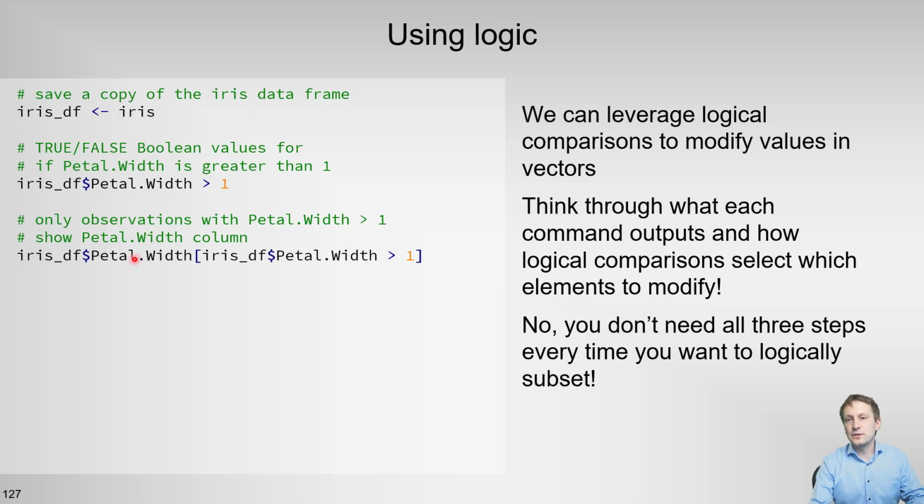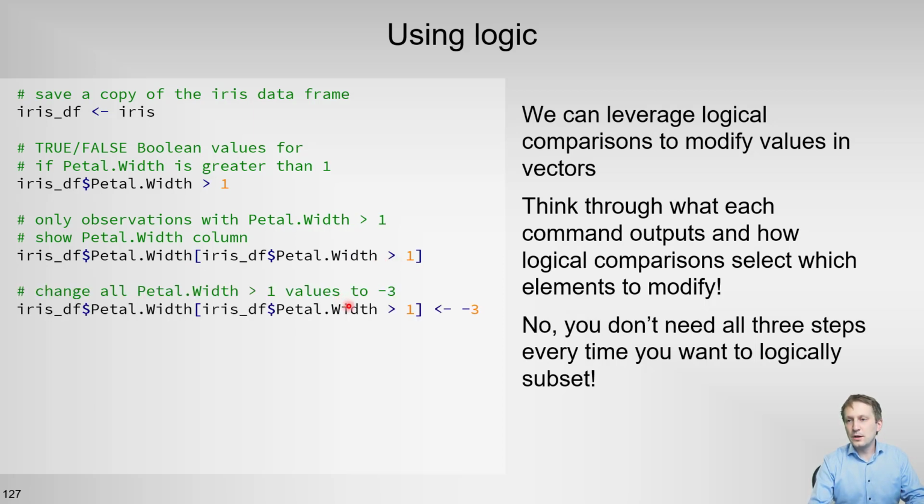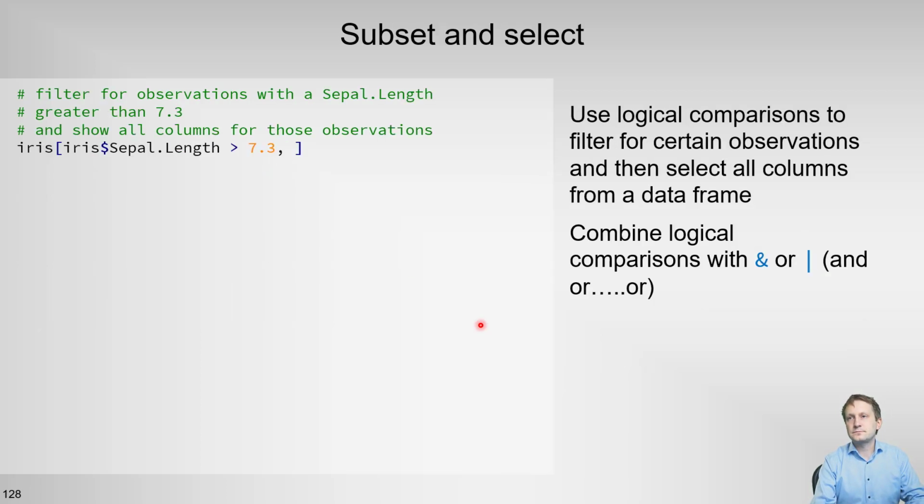We can first of all select the petal width and then use the brackets to create that subset. We can also use that to modify this and actually type in -3, or maybe if we think that larger 1 is not a plausible value, we could also replace it with an NA, for instance. Subset and select. That's basically what logic can help us do quite efficiently.